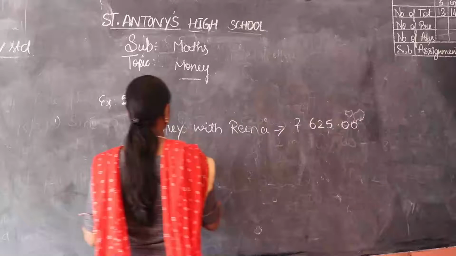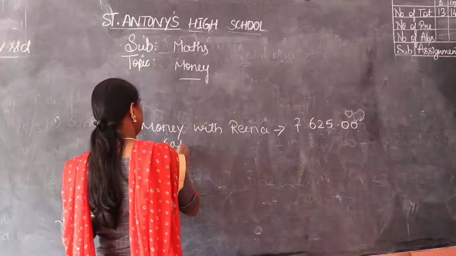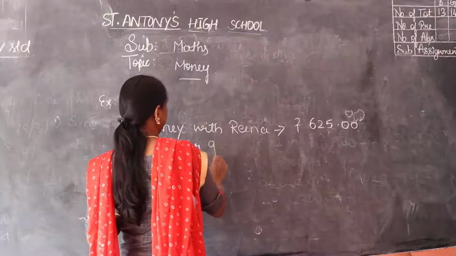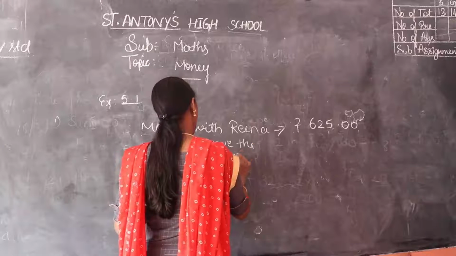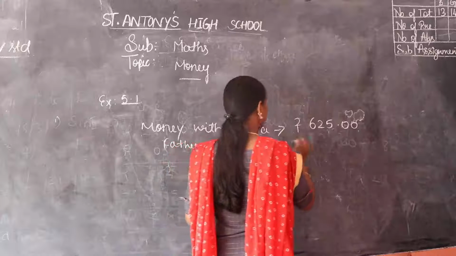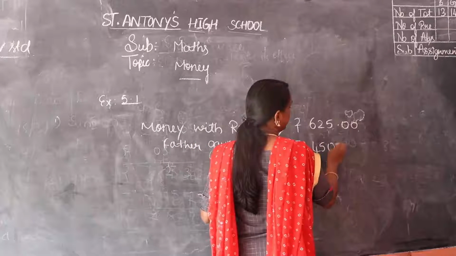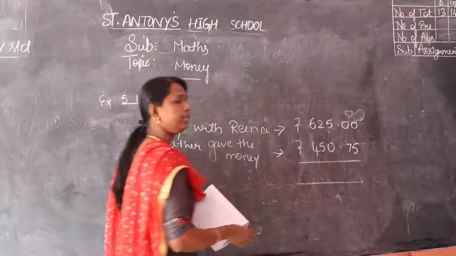But her father gave how much? Father gave the money rupees 450.75 paisa. Add this one, we get the total money with Reena.